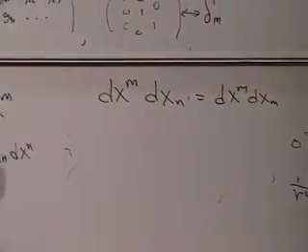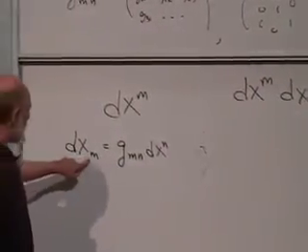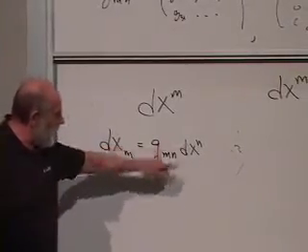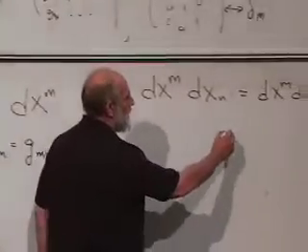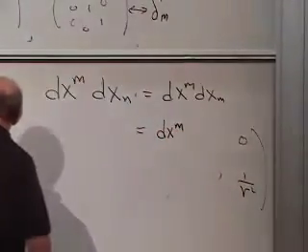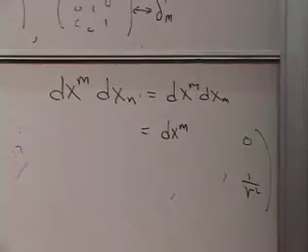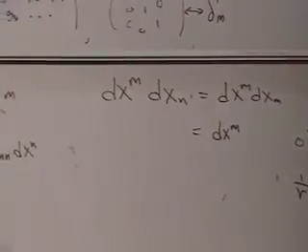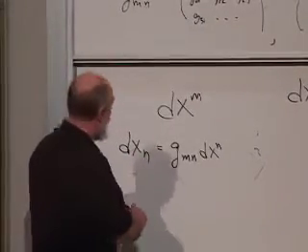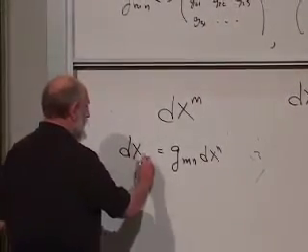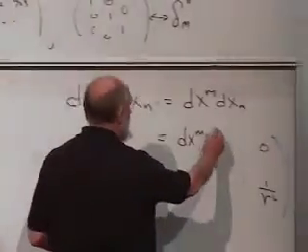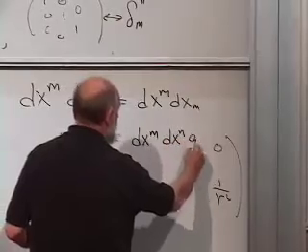But now let's rewrite it, using that dx with the lower m is g_mn dx^n. It's clearly dx^m dx^n g_mn.